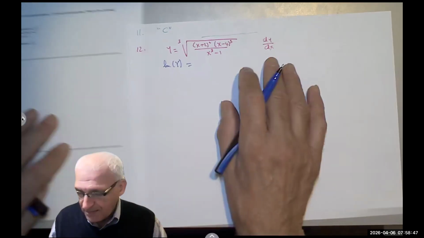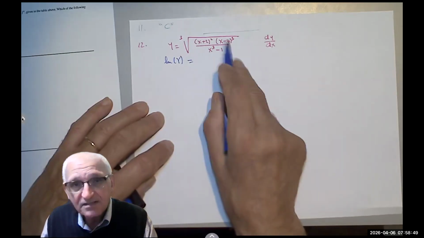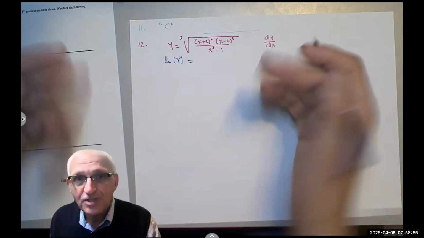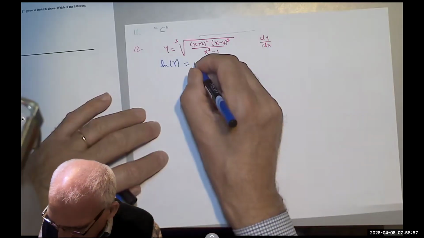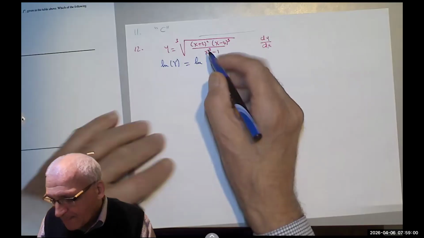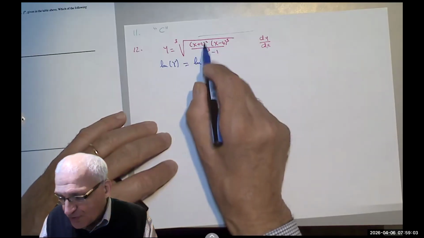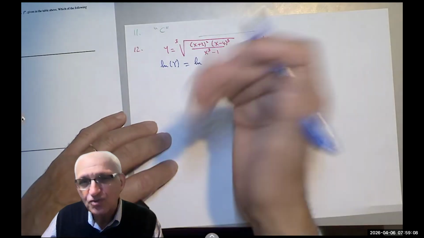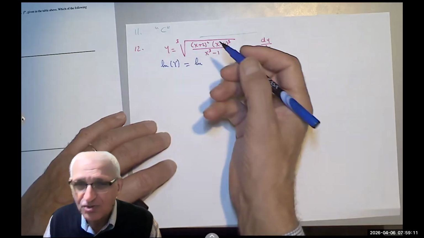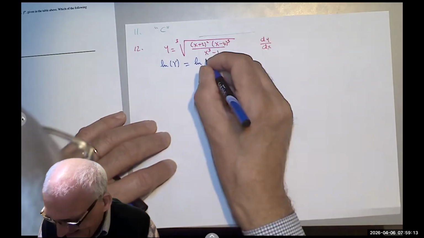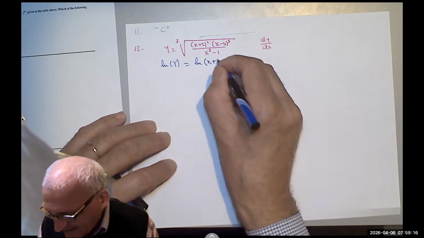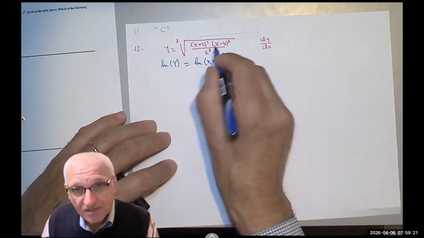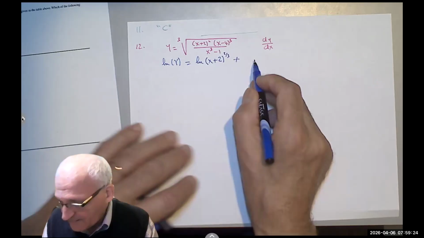We learned from logarithms that if I have a product, it becomes addition, and if I have division, it becomes subtraction. Meaning, I can say this is the natural log of (x plus 2) to the 2/3. Let's do it one step at a time. So this is to the power of 2/3. Plus, because that's a product of two things, it becomes an addition of the natural log.